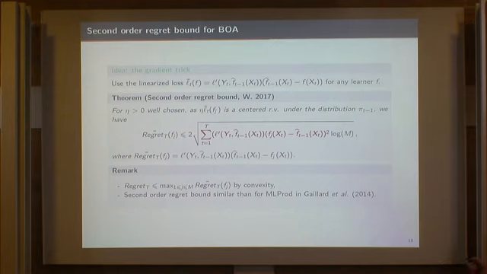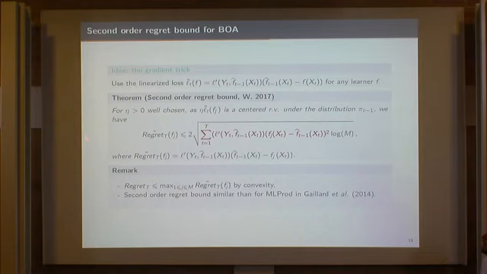And these bounds are now of this form, so they are bounds that depend on the algorithm itself, on this quadratic variation term itself. For the moment, if you look at that, it's a square root of t bound in the worst case scenario.